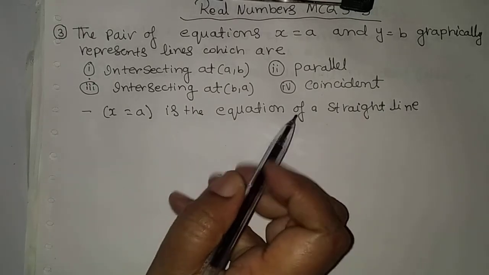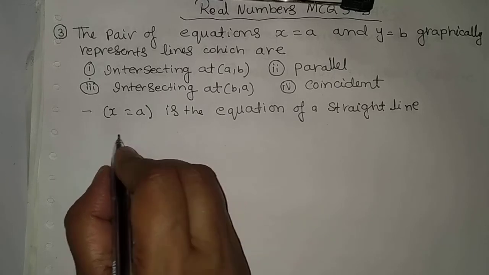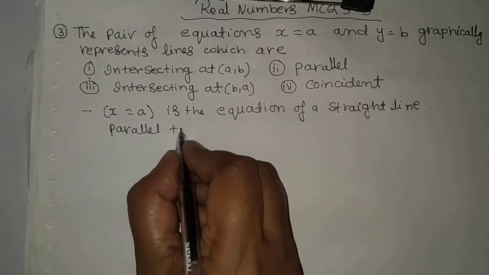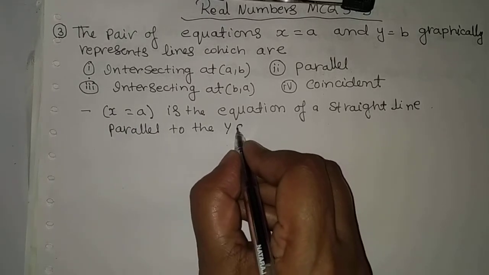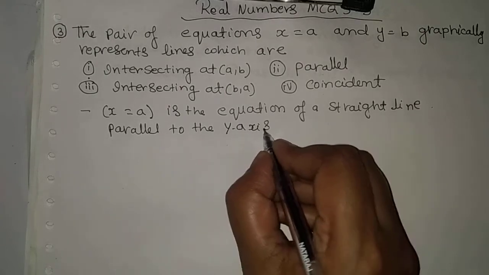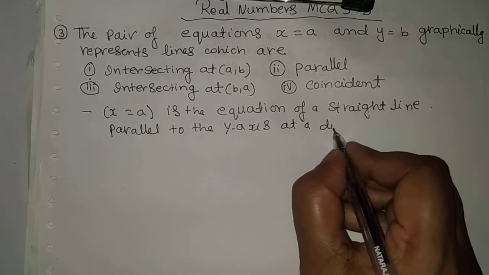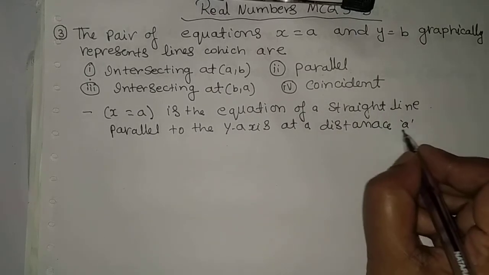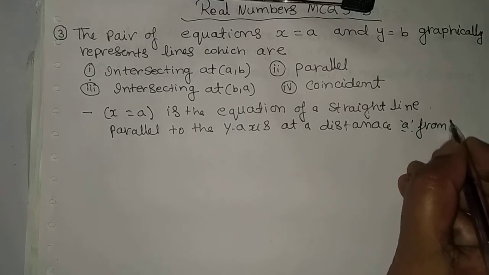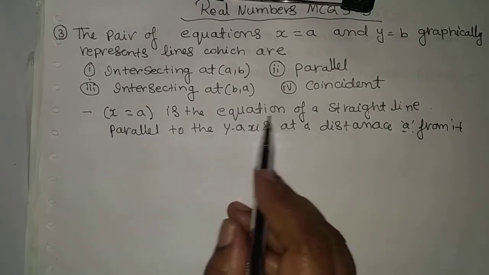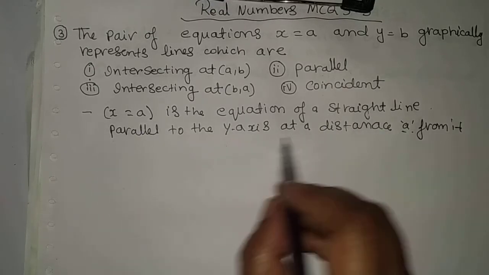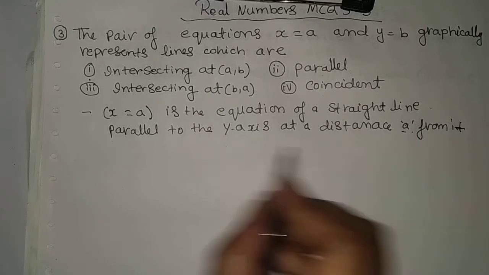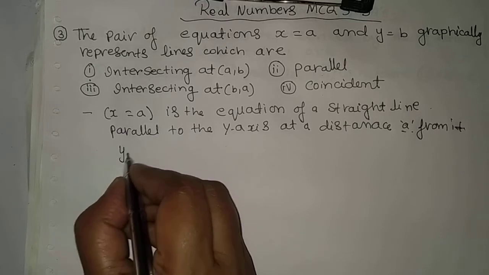X is equal to a is the equation of the straight line parallel to the y-axis at a distance a from it. So this is the first point. Next is y is equal to b.